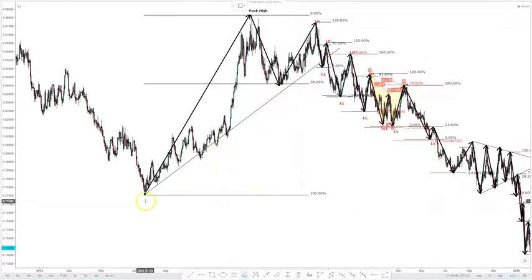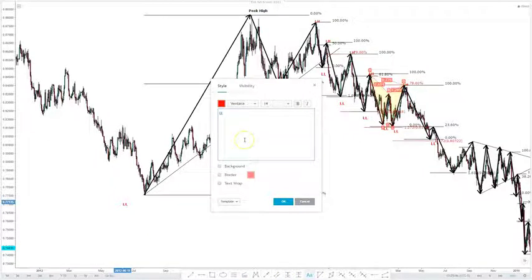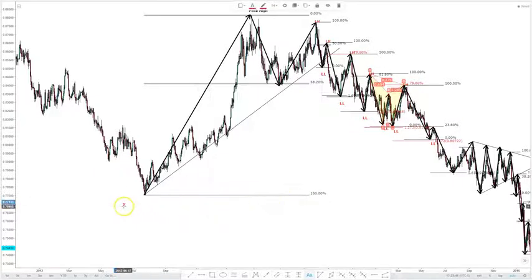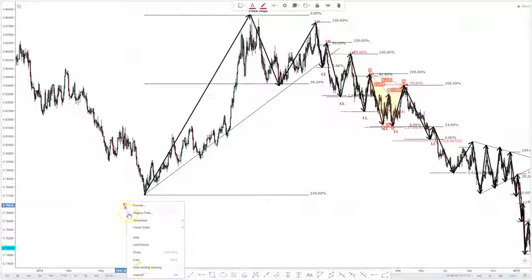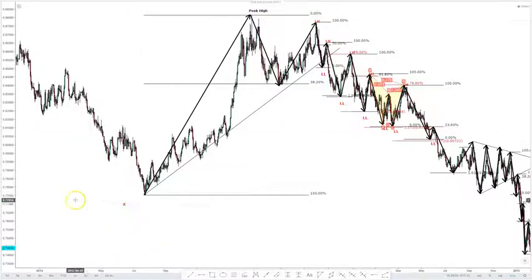So I'll label it first so I can show you how harmonic works. X is my X point.